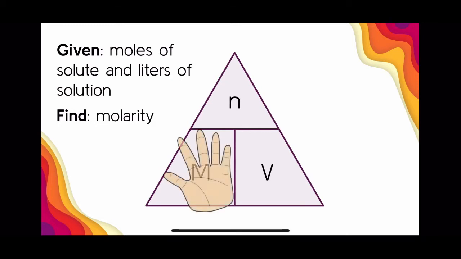So I'm going to cover up the M because that is what I'm trying to find, and I am left with my given values, n and V. Now because they are separated by that horizontal line, I know that n divided by V is going to give me my molarity. Okay, so that is the first of the three options when it comes to this triangle.